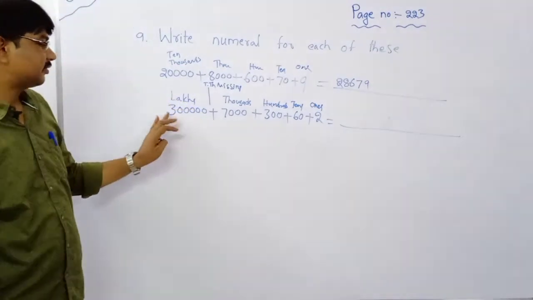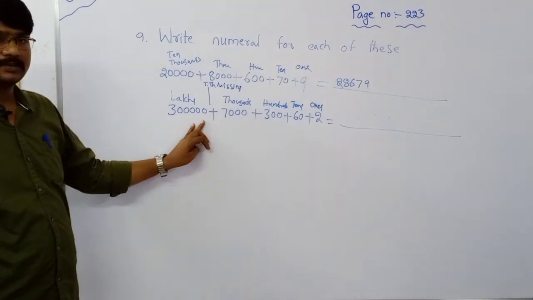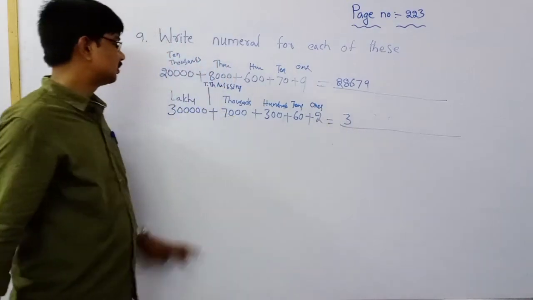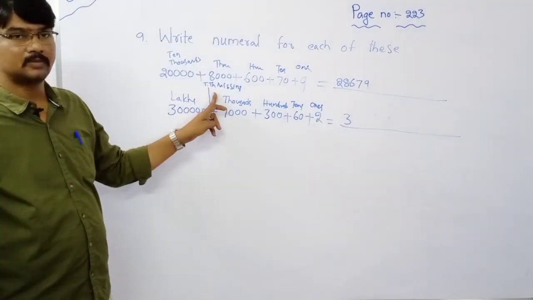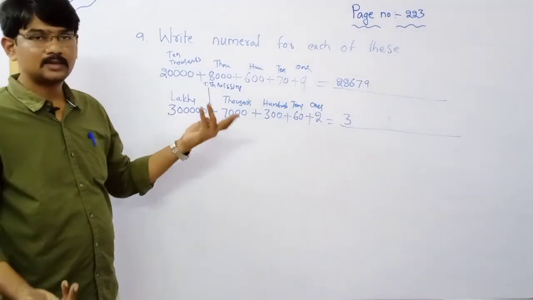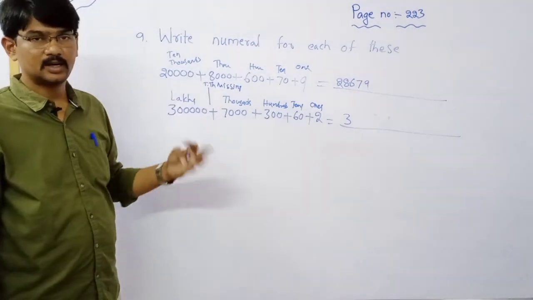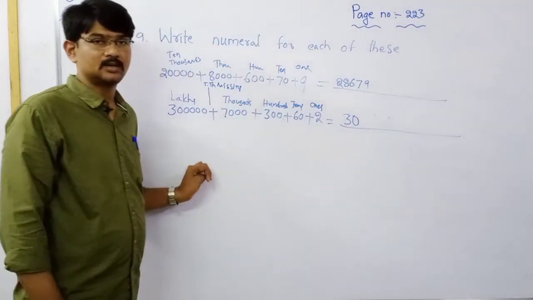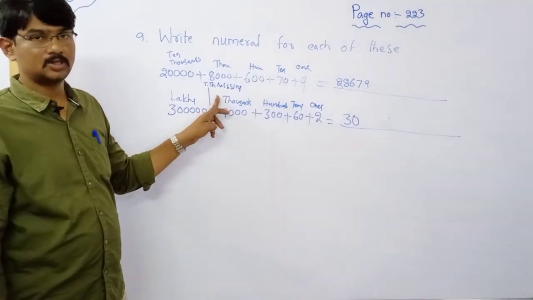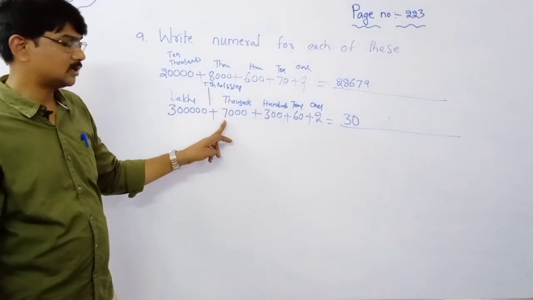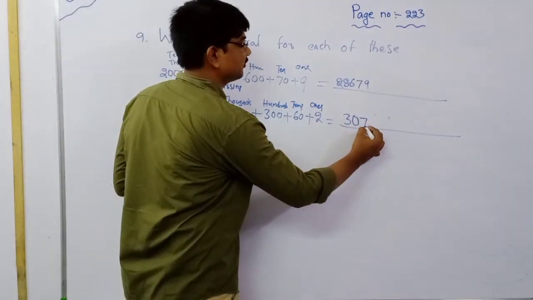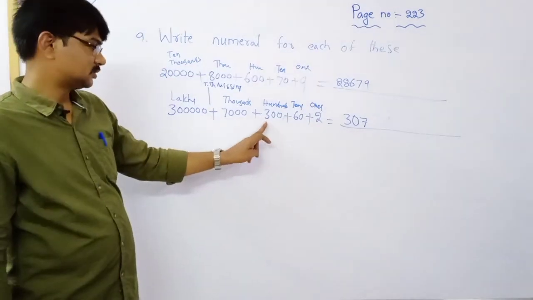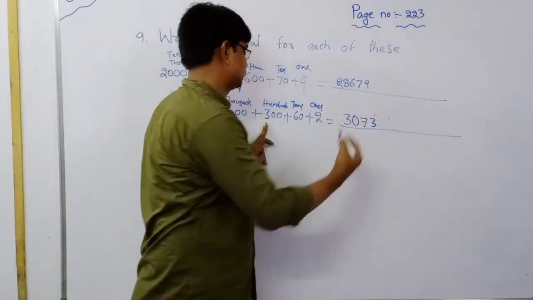how to write the numeral? Let us learn. First of all, 3 lakhs is given. So write 3 here. After lakhs, 10,000s should become. 10,000s is not given here, right? So at the 10,000s place we need to keep a 0. Next, thousands place, what is the number here? 7. Next, at hundreds place, 3, write 3.